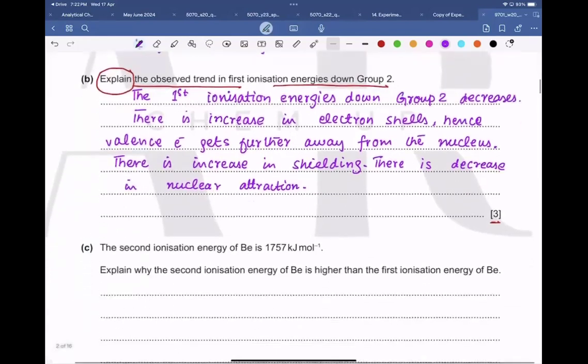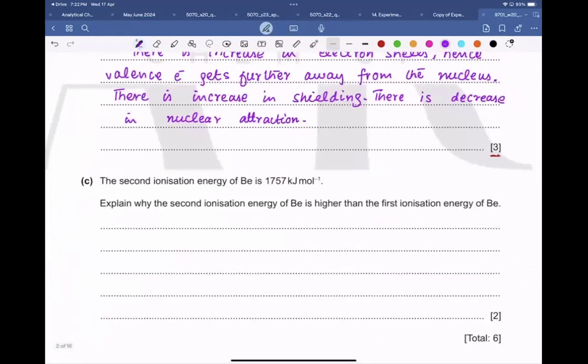Okay, now next part. The second ionization energy of beryllium is 1757 kilojoule per mole. Explain why the second ionization energy of beryllium is higher than the first ionization energy of beryllium. So let's have a look at this.